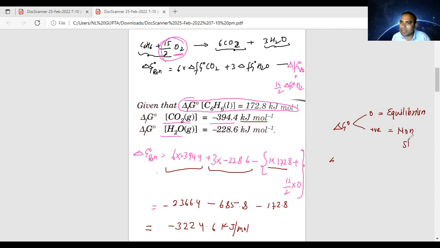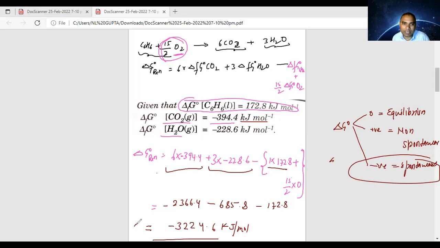If your delta G is negative, negative means it is going to be spontaneous. So that we need to keep in mind. This is the spontaneous, so this is our required answer. Delta G naught is negative, so this will be spontaneous. Will you be able to understand this one?